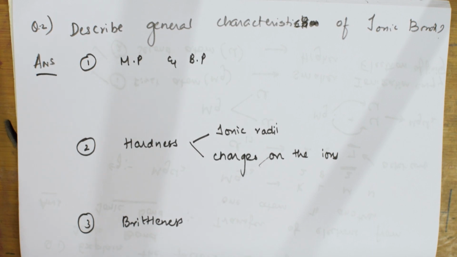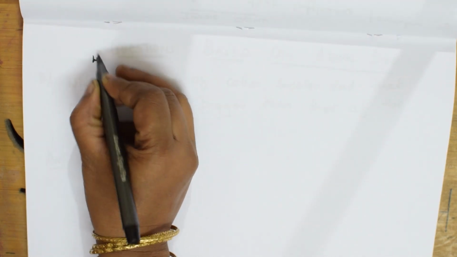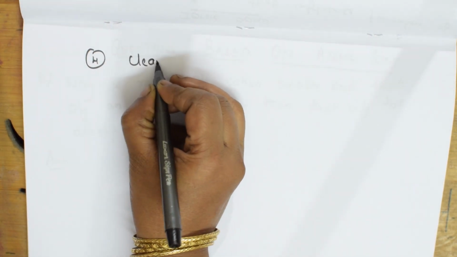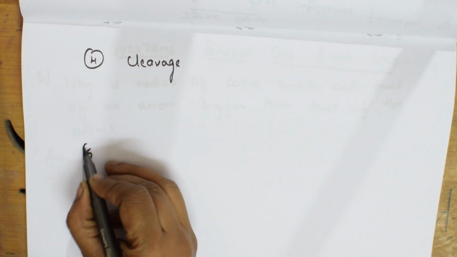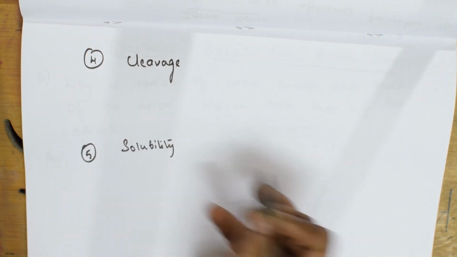Now what is the next factor? The fourth factor is cleavage. We'll discuss one after the other slowly so that the concept is clear to you all. One more factor is solubility. Let us write solubility and later discuss it.